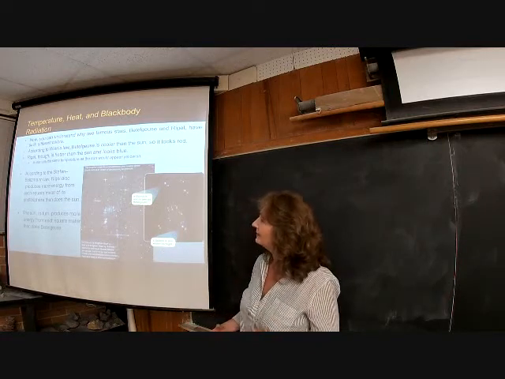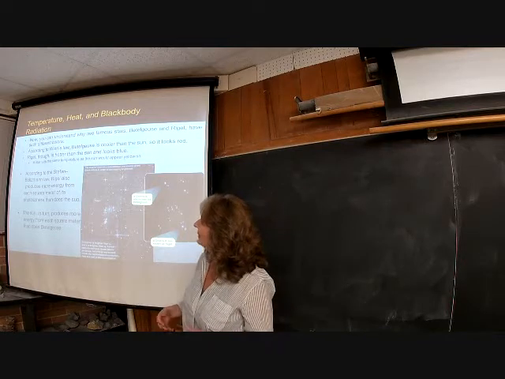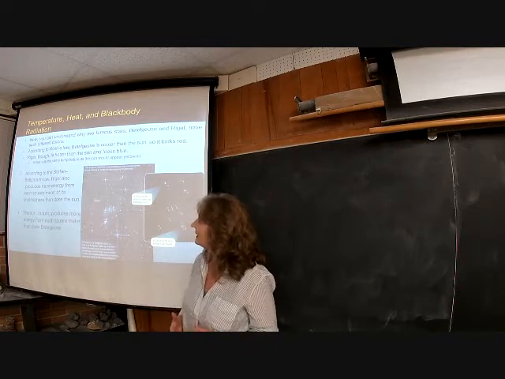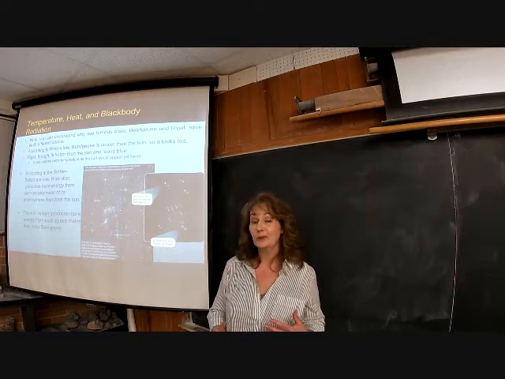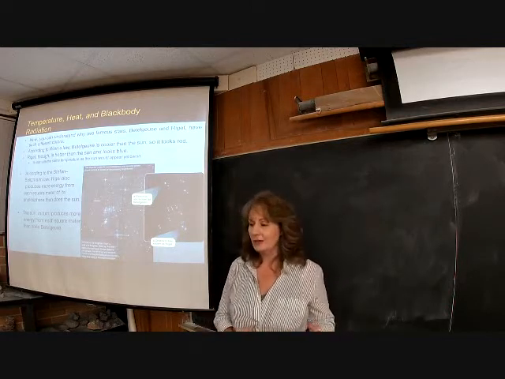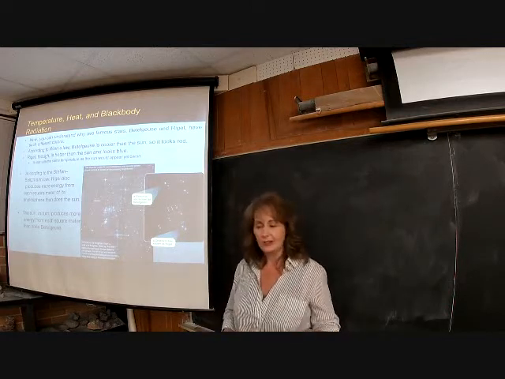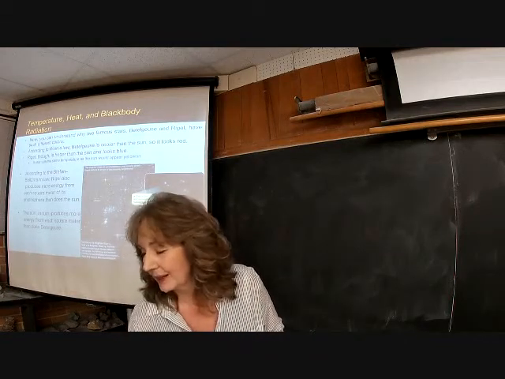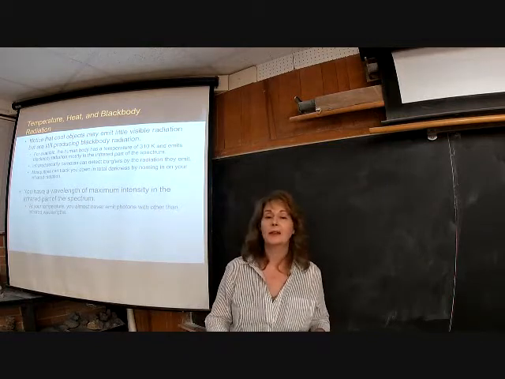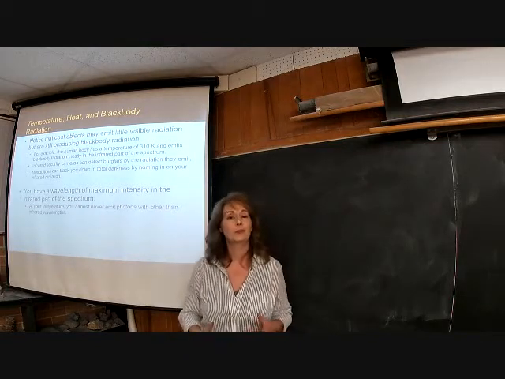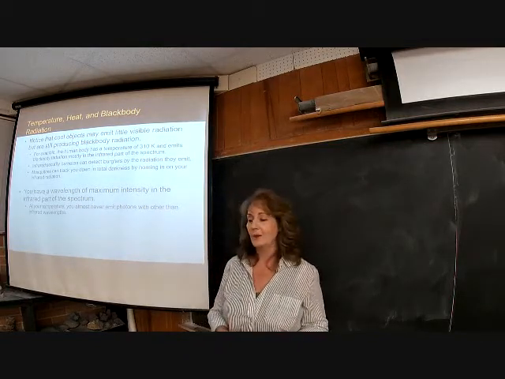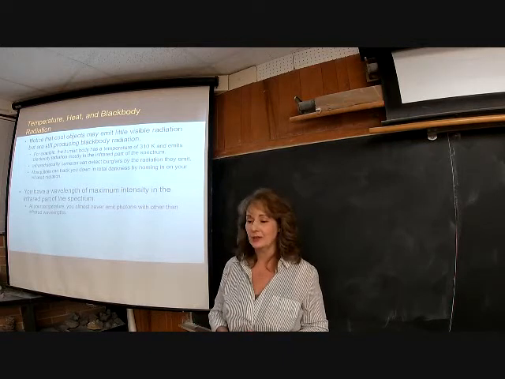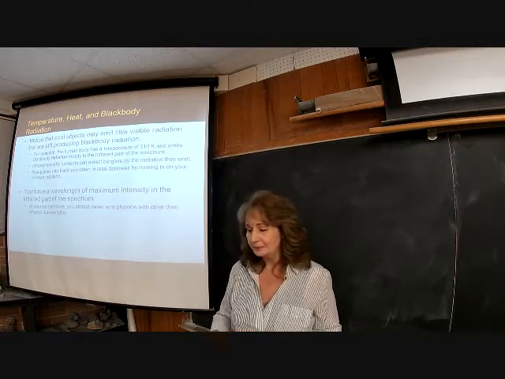Rigel produces more energy, so it's going to look more blue. Betelgeuse is going to be the reddish color, so it's a cooler star. We will classify stars and use a color way to relate to their temperatures. So, all right.